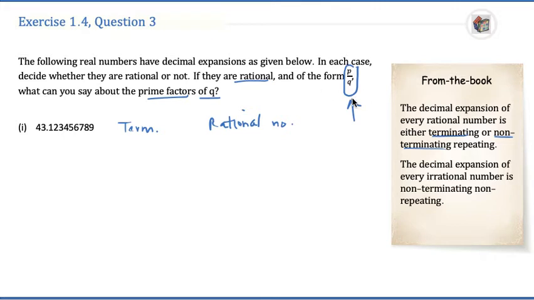Well, if p and q are co-prime, that is, they cannot be simplified any further, then q, which is the denominator, should have a prime factorization of the form 2 to the power n times 5 to the power m, where n and m are non-negative. That means they're either greater than 0 or they're 0. They just cannot be negative. So that is what I can say about these.